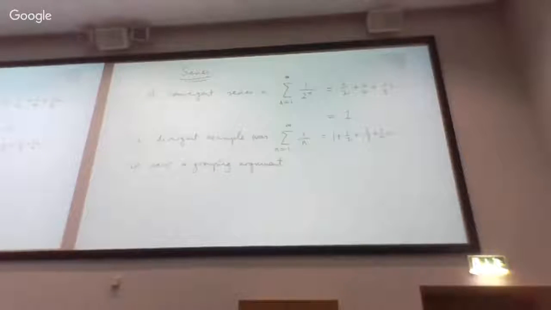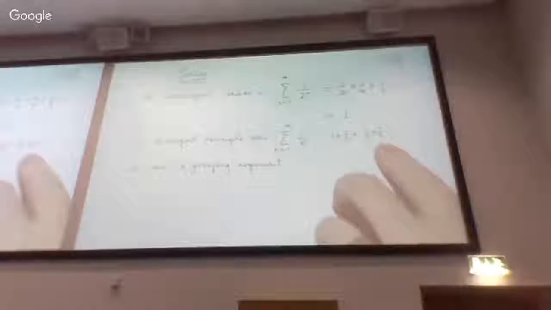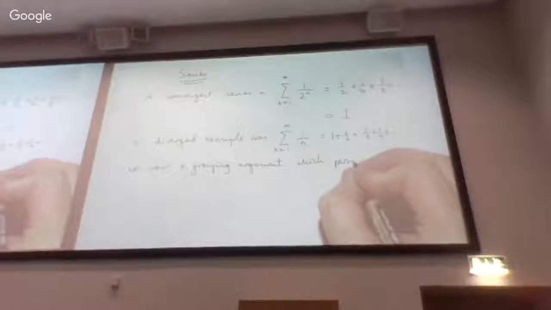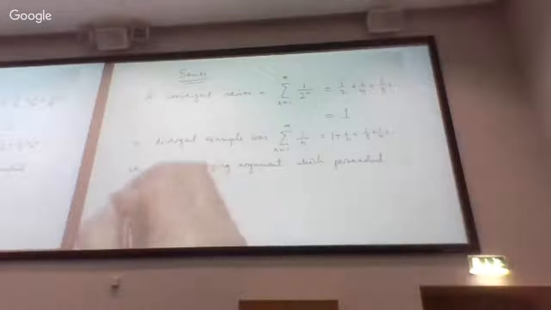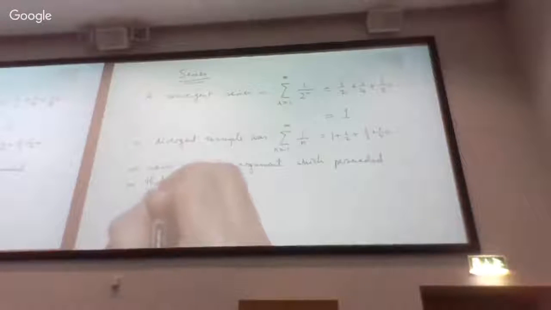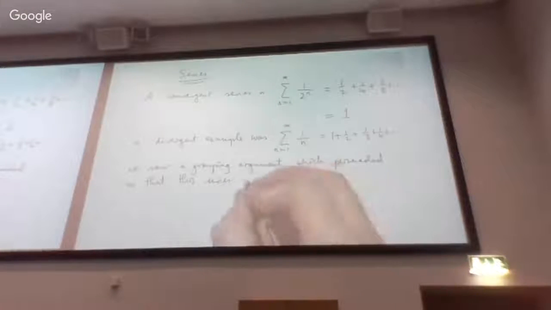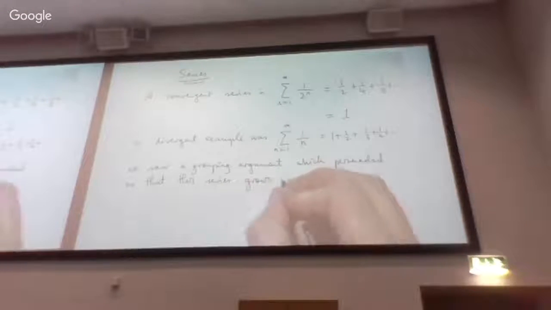Then you take the next 8 terms, the next 16 terms, the next 32 terms. We were able to show that you keep on accumulating terms which are bigger than a half. So we saw a grouping argument which persuaded us that this series grows without bound.